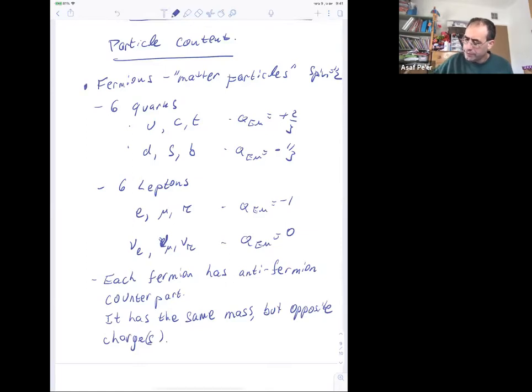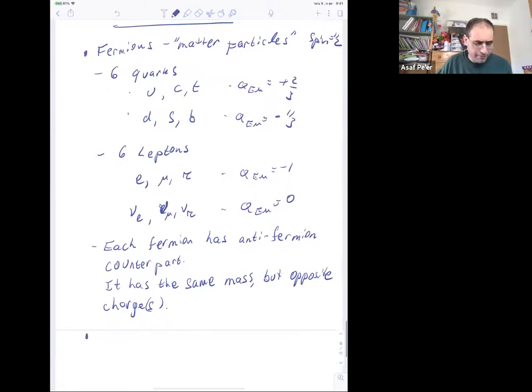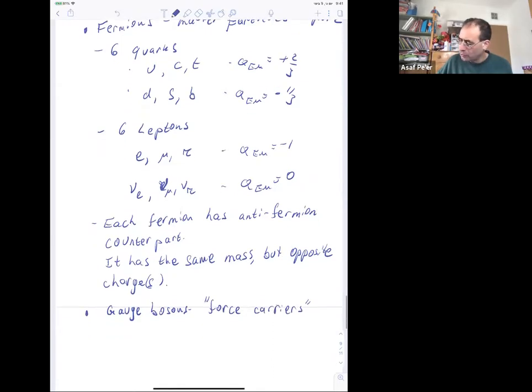So we said first are the fermions. Then we have the force carriers, which are the gauge bosons. These are the force carriers. All of them have spin 1.